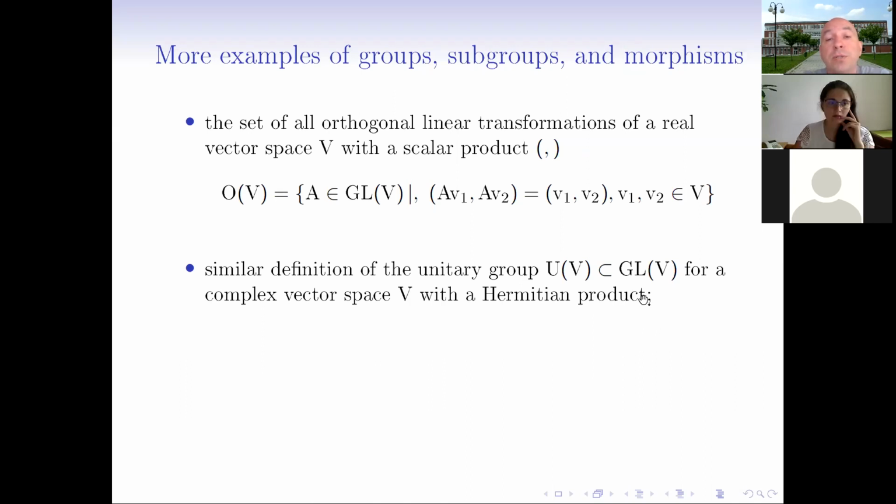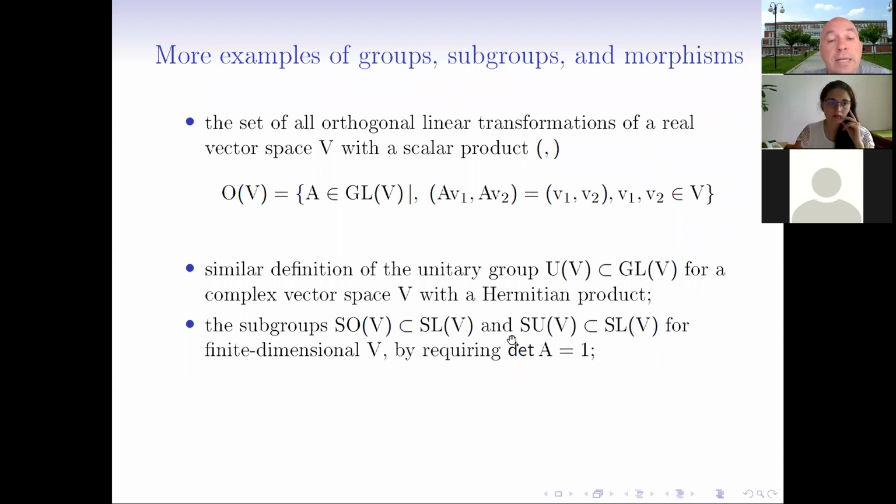Then we produce the same definition. We look at all A in GL(V) such that (Av1, Av2) equals (v1, v2), but now the round bracket is not the usual Euclidean scalar product, but the Hermitian product, and then we obtain the unitary group U(V).